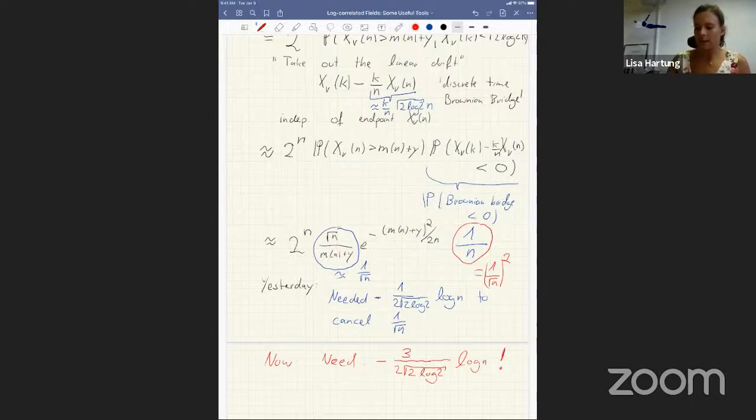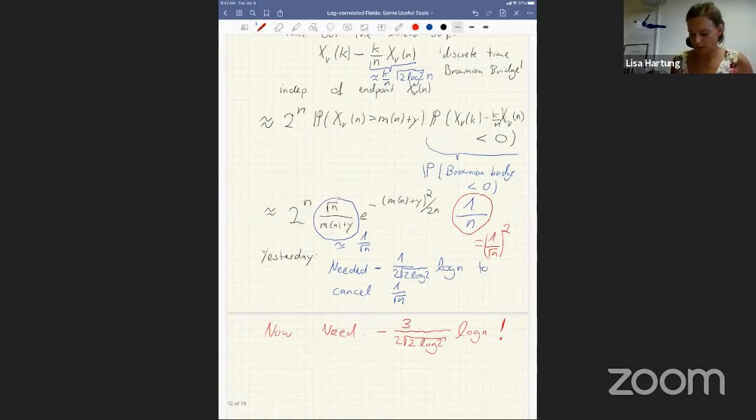And this is actually the true answer. So this is the correct answer for the order of the maximum.